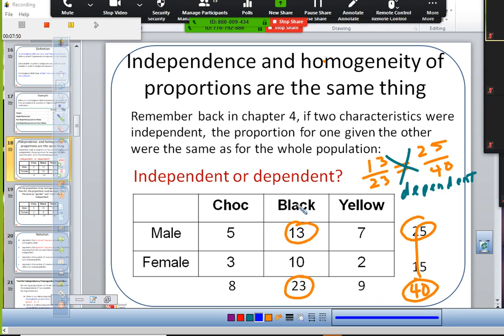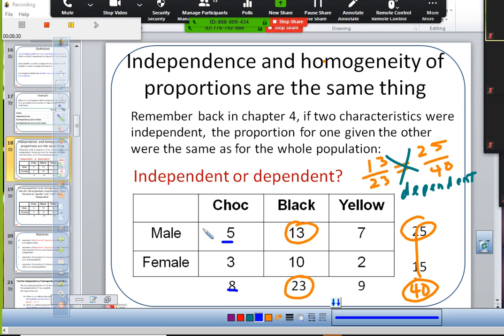But that was just between two different labels, between black and male. Now we're looking at the entire variable of type of Labrador and the entire variable of gender, and comparing those two things to see if, in general, they are independent. Here you can see, if I did chocolate and male, 5/8 here, and 25/40 there, those would be equal.